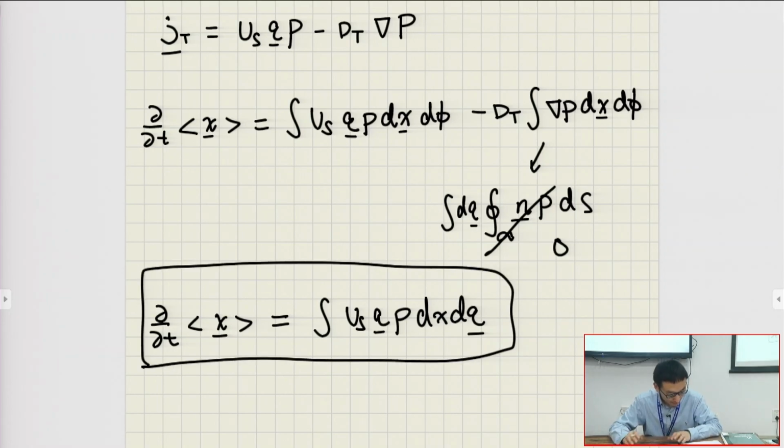Let's now look at this equation in a little bit more detail. One can say that, of course, this is the equation we get from physical understanding. Why is that? Because look at the quantity on the left-hand side: I'm taking the time derivative of the mean position. What is that physically?